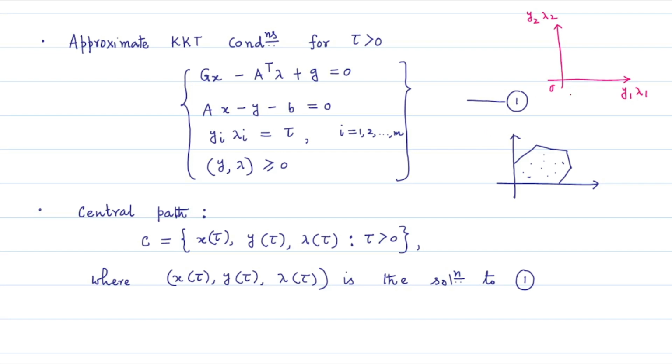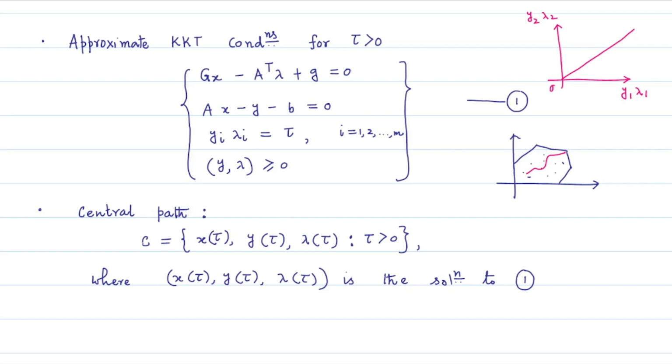So y1 lambda 1 is equal to y2 lambda 2. These conditions are essentially giving us this line, and this line gives us an image in the feasible set, let's suppose this part.